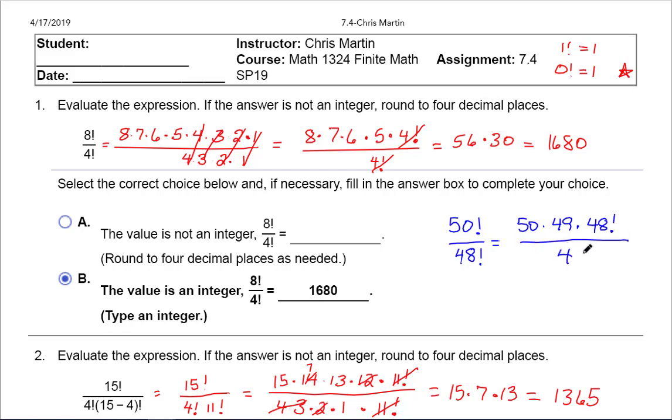So if I put that over the 48 factorial under, I simply can cancel these two, and then to evaluate this, it's just 50 times 49.